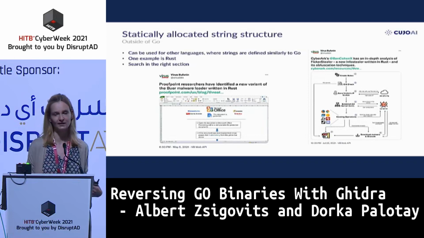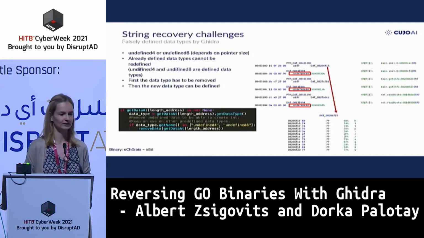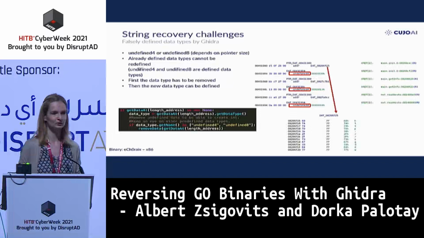So the same idea can also be applied to Rust binaries, because they handle strings in a very similar way to Go. So you can also look for these structures. The only thing you have to consider is in which sections to look for these, but this is just a note. And here I would also like to show some of the challenges that we faced.